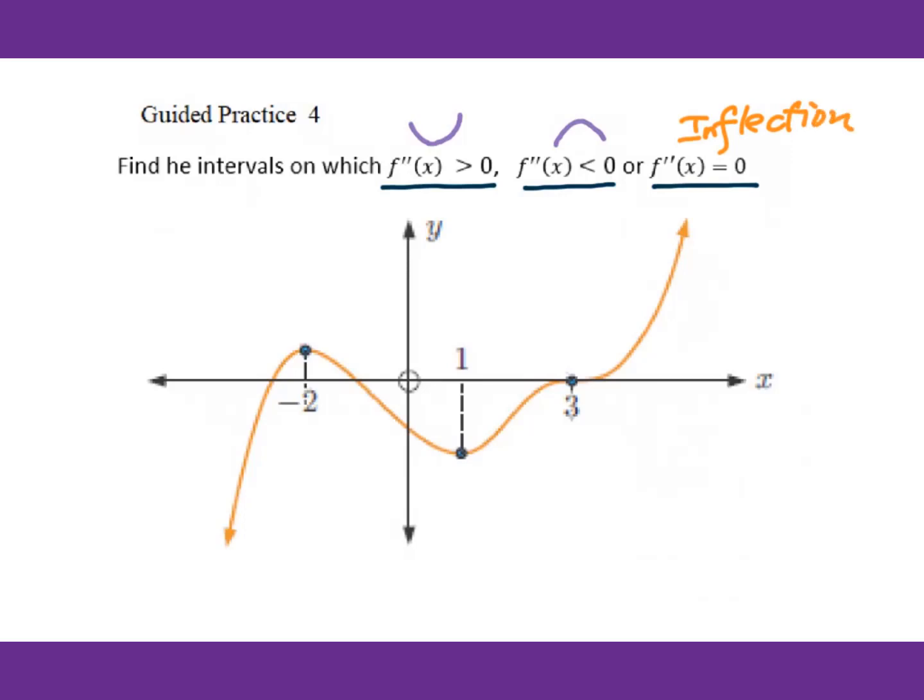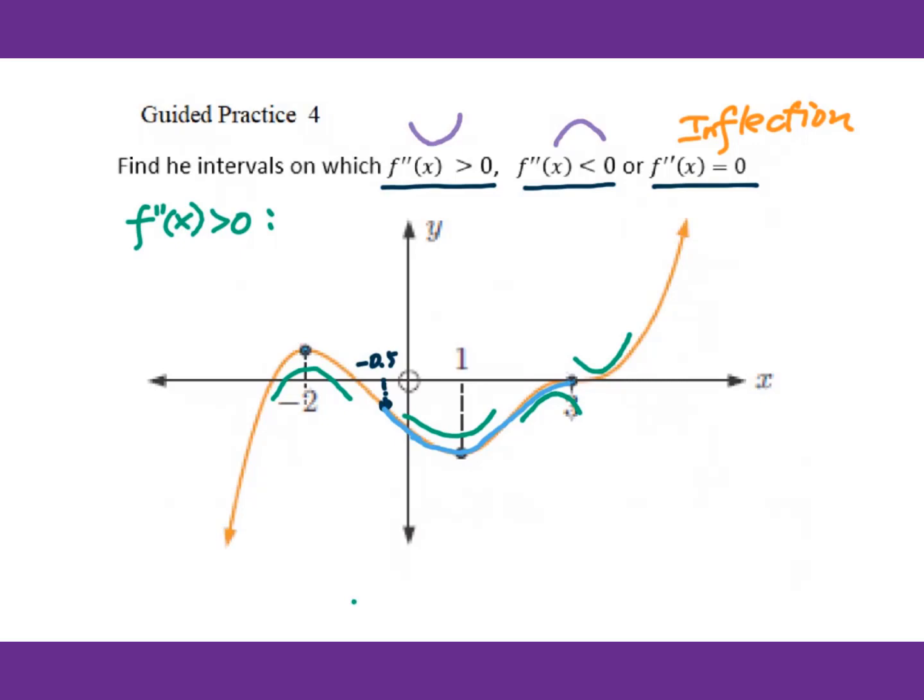Remember, concavity changes. First of all, for the second derivative greater than 0, check concavity first for each part of the graph. This is concave down, concave up, concave down, concave up. So for concave up, it will be from negative 0.5 to 3.